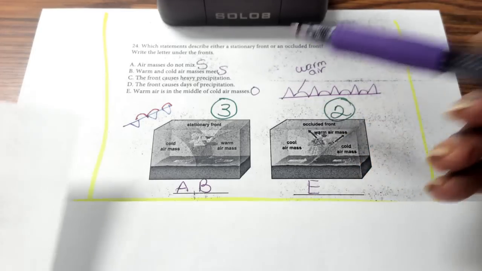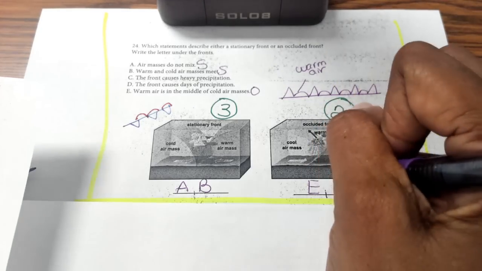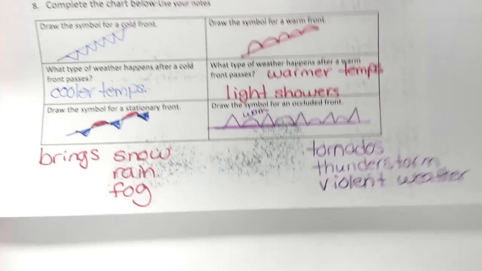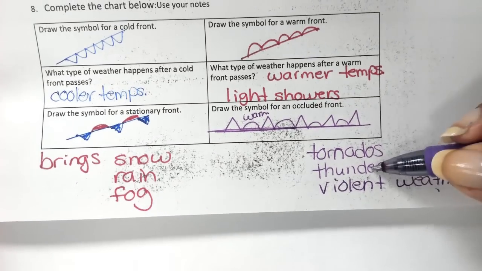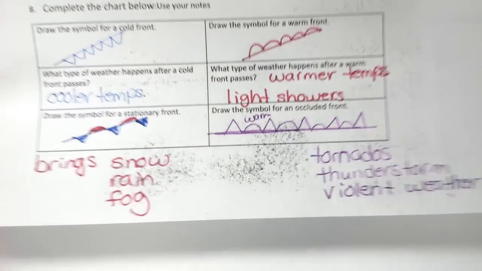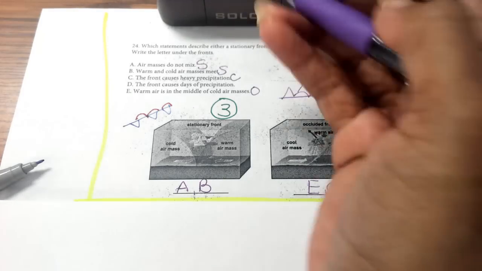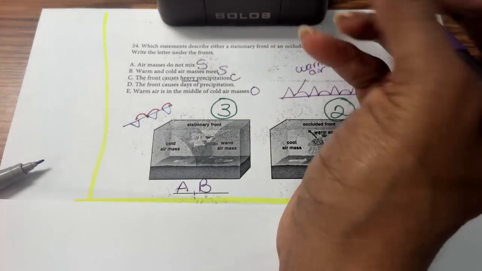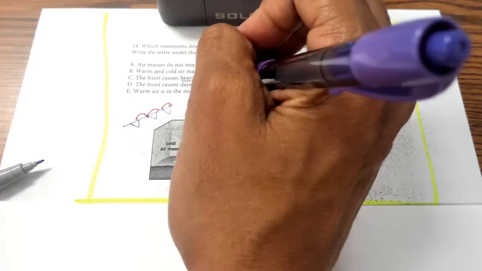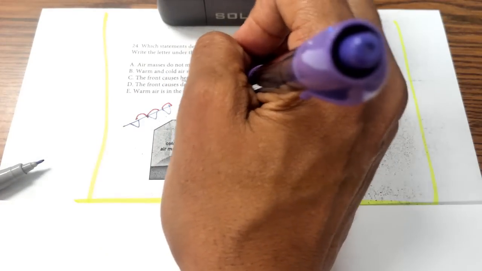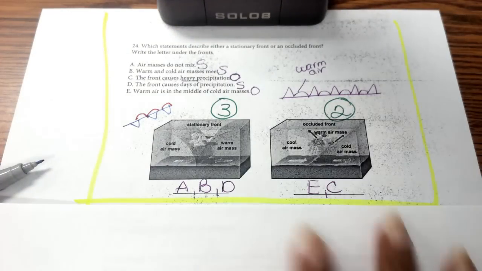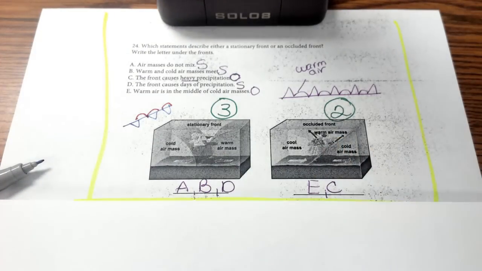That is going to be your occluded front. So violent weather, thunderstorms, tornadoes. Your stationary just gives you rain. So that's the difference here. Heavy precipitation comes with the occluded front. Days of rain, that's your stationary. Okay, so remember I told you you're going to have 3 answers here and 2 here. There you go.